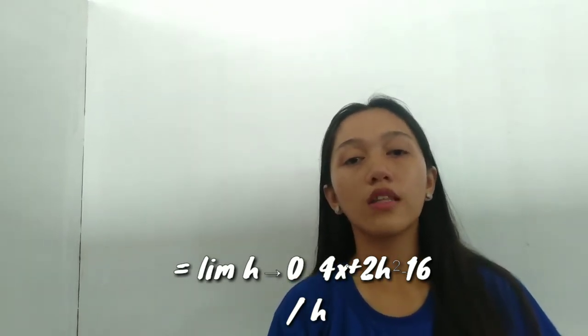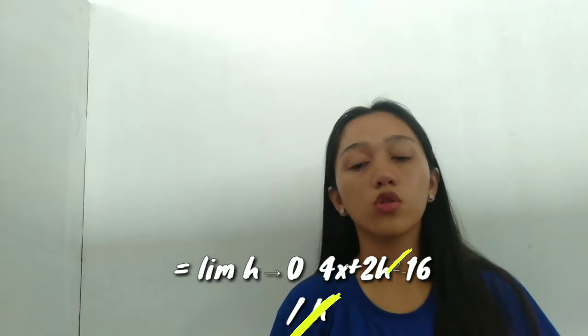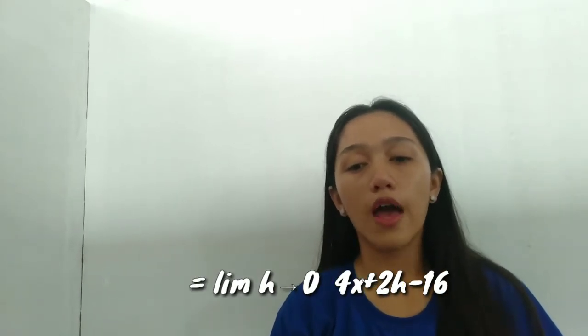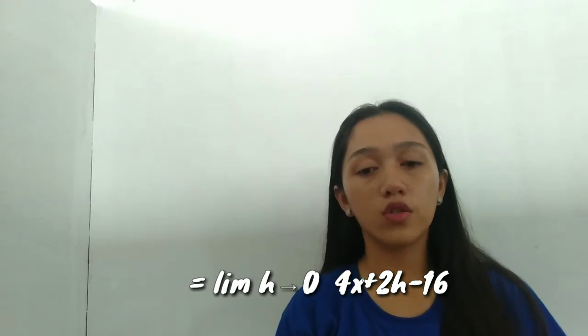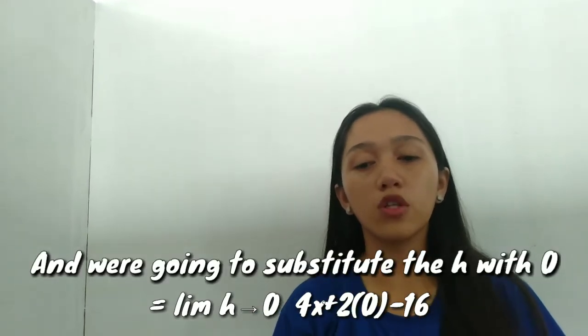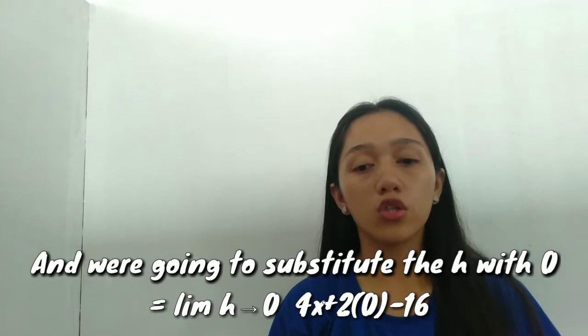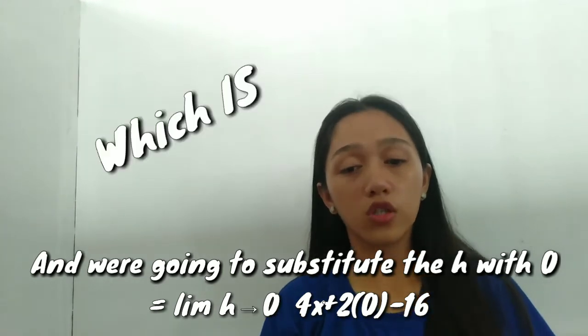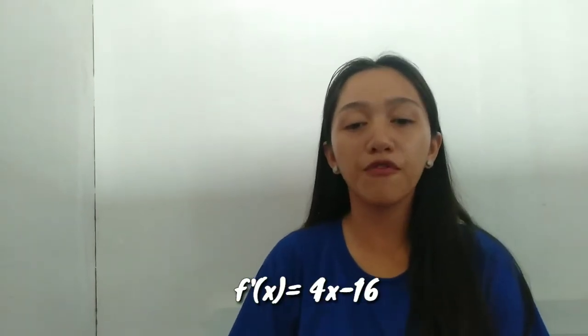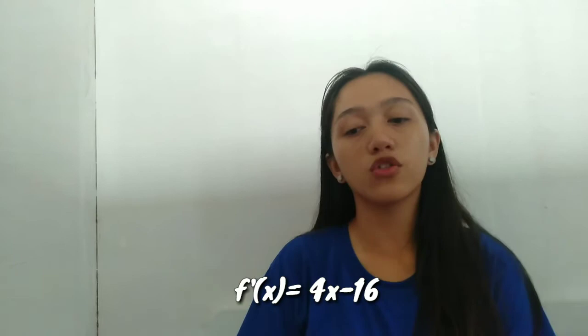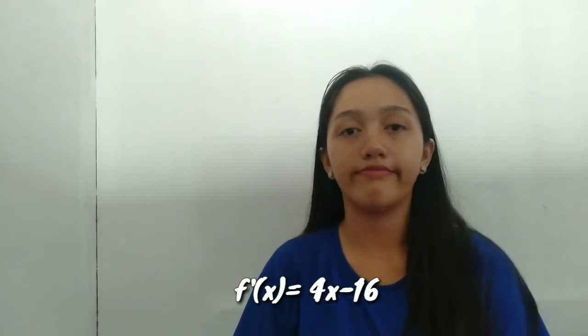So we're going to cancel the h, and the result will be limit of 4x plus 2h minus 16 as h approaches 0. And we're going to substitute h with 0, which results in 4x minus 16. The final answer is f prime of x equals 4x minus 16.